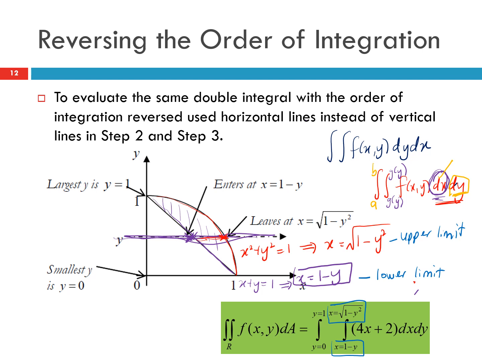So we have here, this is our region, and the region here is between, okay, y between 0 to 1. So y equal to 0 will become the lower limit, and y equal to 1 will become the upper limit.